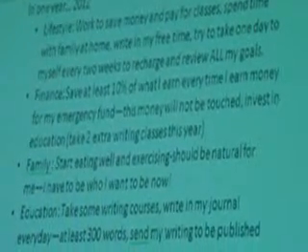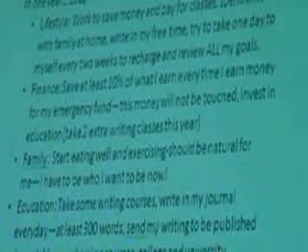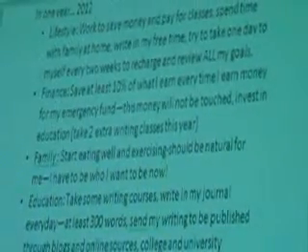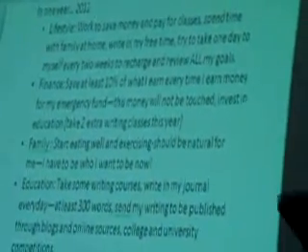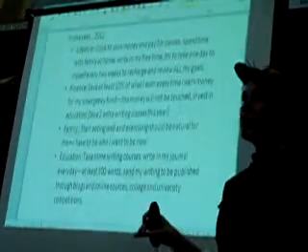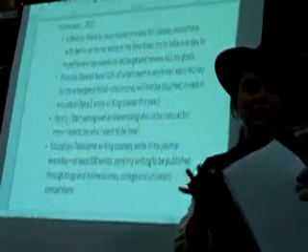Even when I get a tax refund, I put 10%. This money will not be touched. Invest in education. So I will have 2 savings, one for the emergency fund and one for the education fund. And so whatever I use for education goes into the education fund.